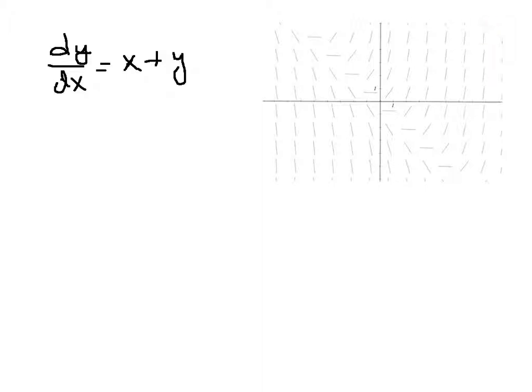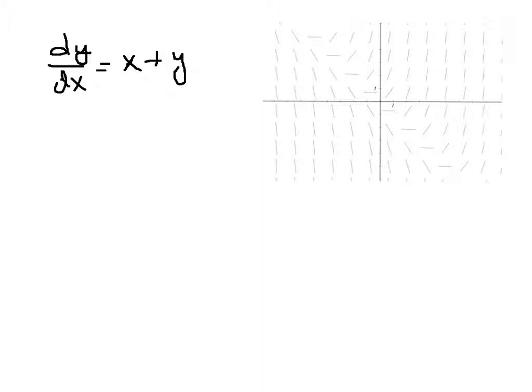Over here, as we move into the first quadrant, x and y are both getting bigger, and so our derivatives are very, very positive. Right along this line, you see that that's pretty much where it's negative, and that means that the sum of x plus y is going to be negative.